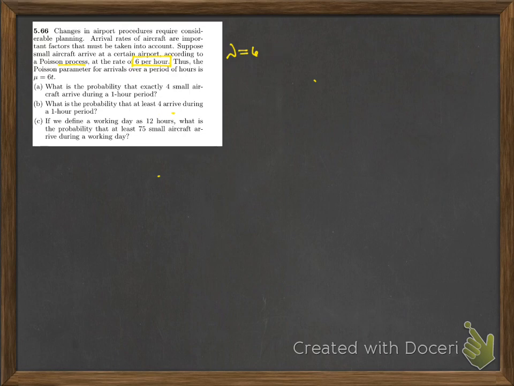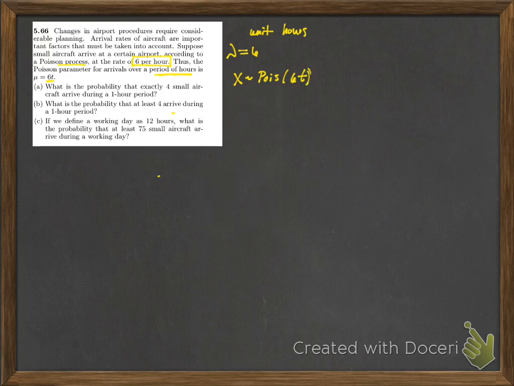We don't know yet how many hours, so t is unknown. Thus, the Poisson parameter for arrivals over a period of t hours is 6t. That is, x is Poisson with parameter lambda t, so it would be 6t.